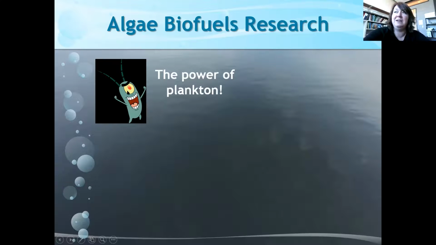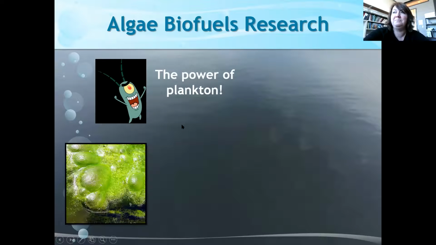And so plankton here, he has this eye, but that's actually real. There's algae that live in the ocean that have what we call an eye spot. So plankton actually looks pretty close to what phytoplankton looks like out in the ocean.